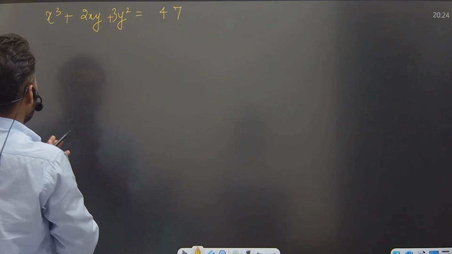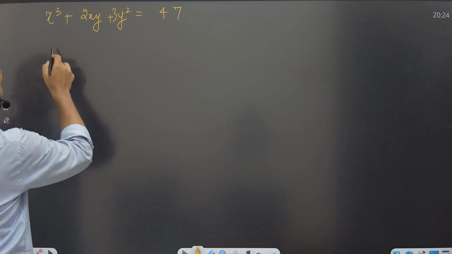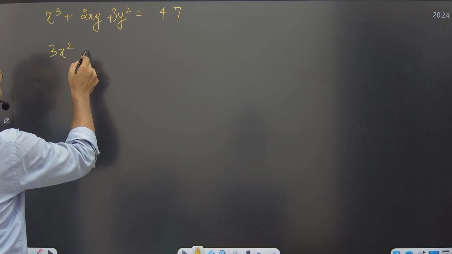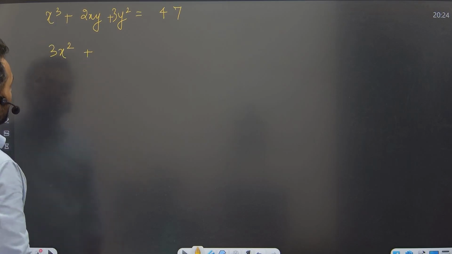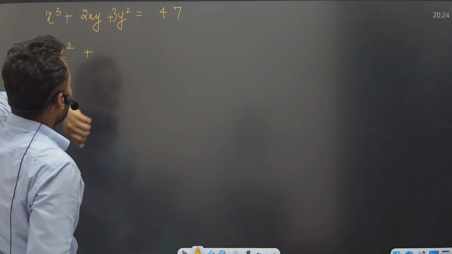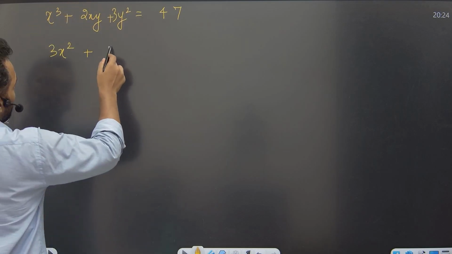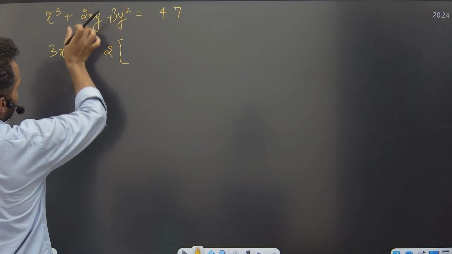Okay, let's do the differentiation here. So you'll get 3x square plus of, we are differentiating it with respect to x, student. So 2 times of, here we'll be applying chain rule.